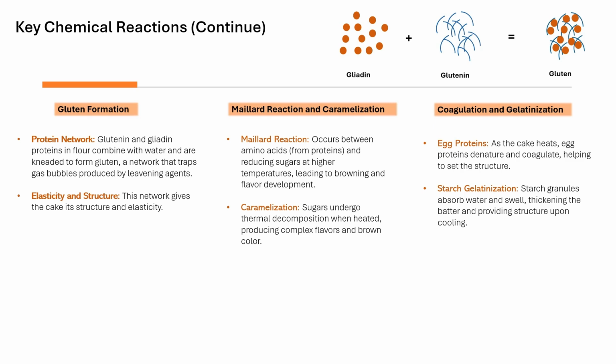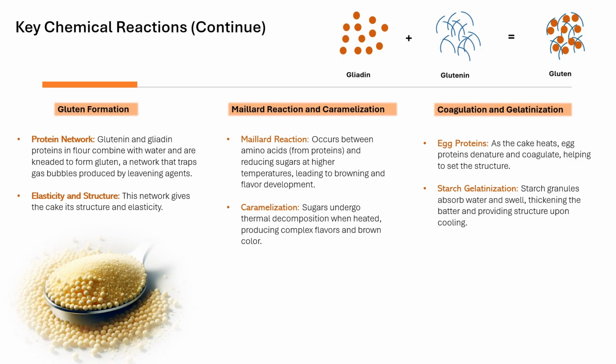In the coagulation process, egg proteins denature and coagulate as the cake heats, helping to set the structure. Starch gelatinization. Starch granules absorb water and swell, thickening the batter and providing structure upon cooling.